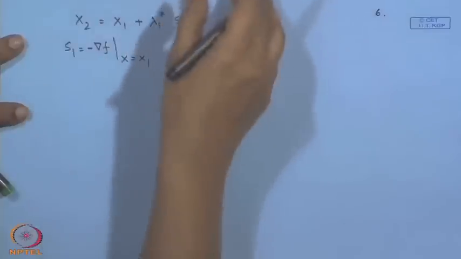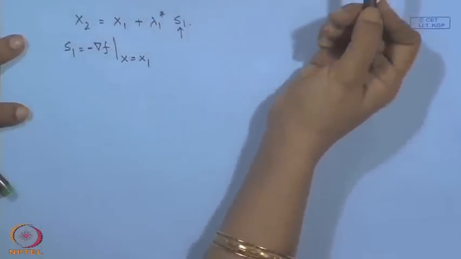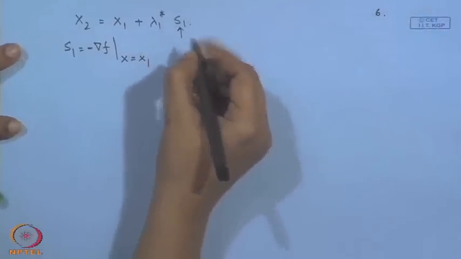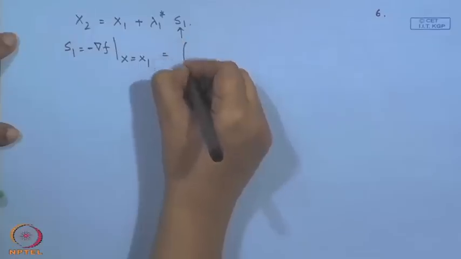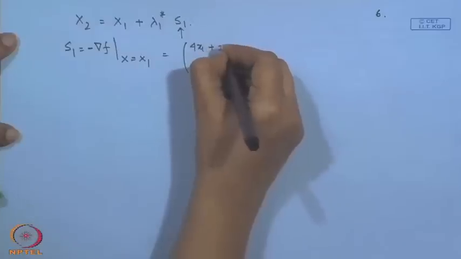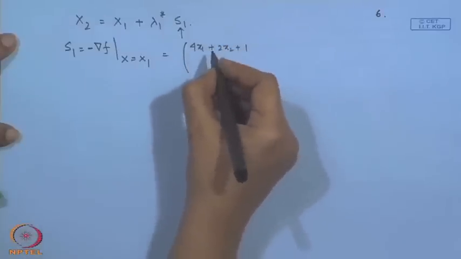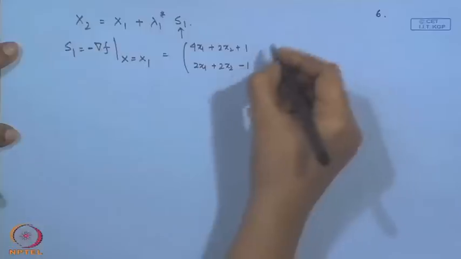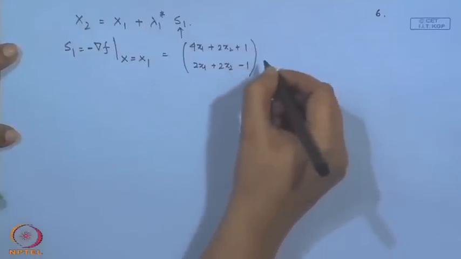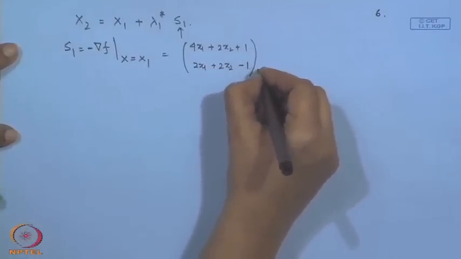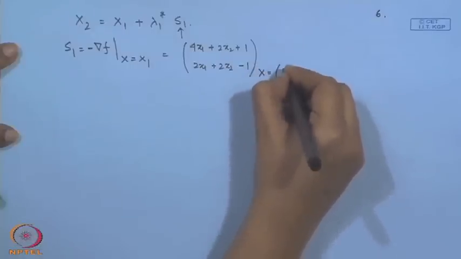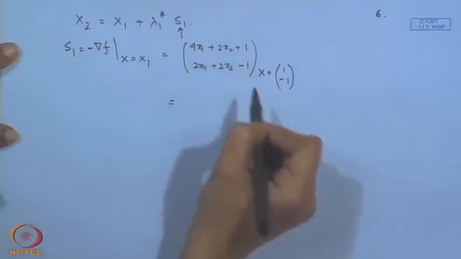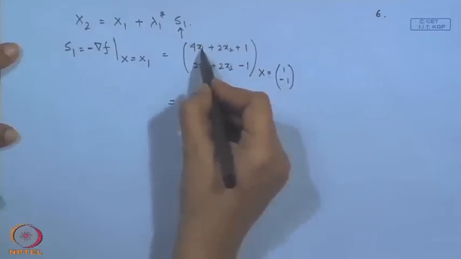Just now we got the grad f value, that is 4x1 + 2x2 + 1, and here it is 2x1 + 2x2 - 1. If I write down at x equal to (1, -1), then this value will come as 4 minus 2, that is 2 plus 1.